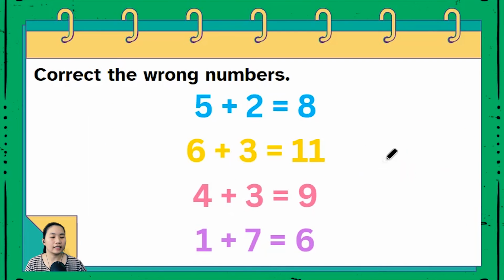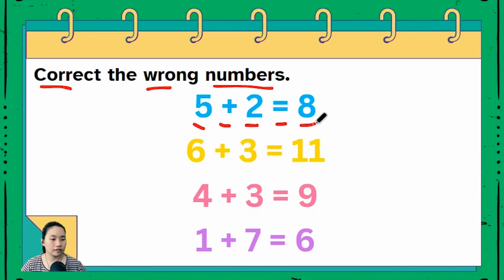Now to our last exercise, correct the wrong numbers, okay? Well, we have some wrong numbers within these number sentences, and what we're going to do is find them and correct them. First line, 5 plus 2 equals 8.